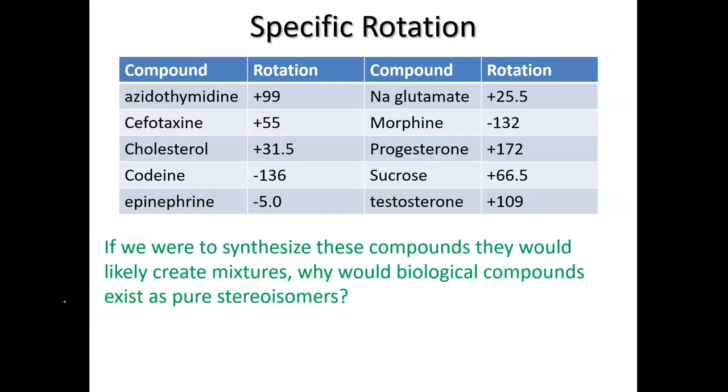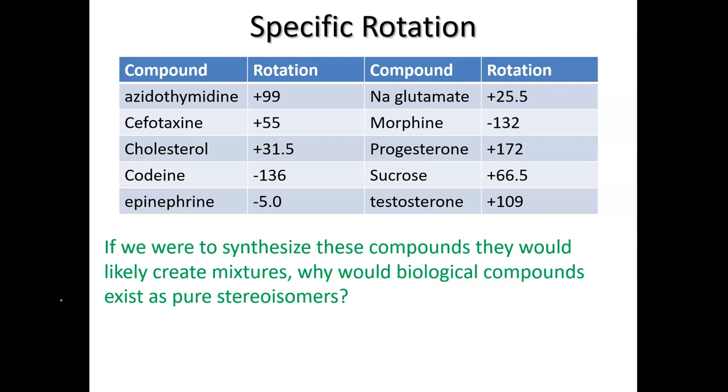So these are all biological compounds, and they come up to be these enantiomers, this pure compound that gives us specific rotation. If we were to synthesize this in an organic chemistry lab, it's possible that we would generate a racemic mixture where there would be equal amounts of these two different types of enantiomers.